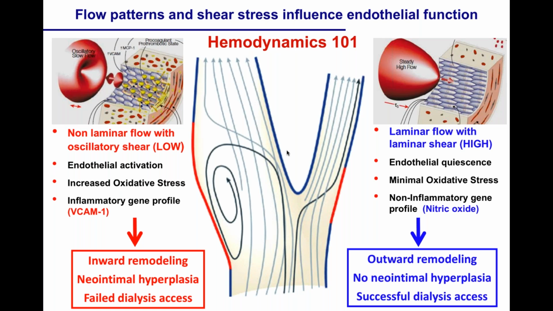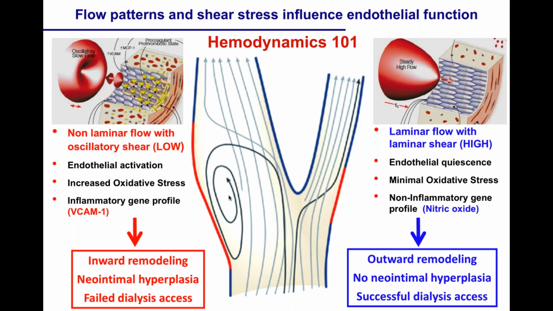On the other hand, if you look at the panel on the left, you see that the flow vectors are going round and round. This is an example of non-laminar flow or oscillatory shear, where the blood is actually going back and forth over the vessel wall. In general, this results in endothelial activation, an increase in oxidative stress, and an inflammatory gene profile.